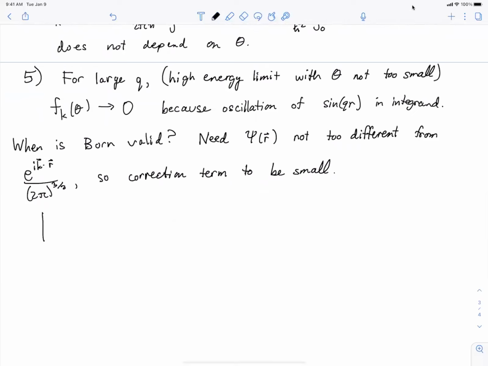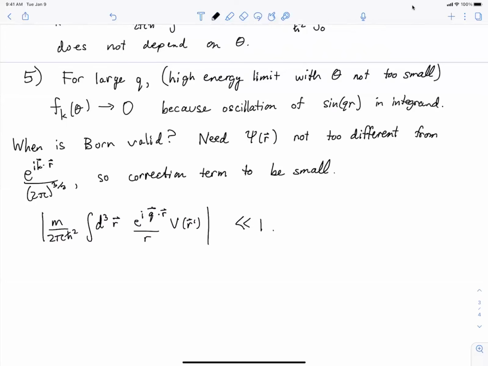It means if I take the correction term in magnitude, so I'm forgetting about the minus sign, it looks something like this. I'm just going to write e to the i q dot r over r times V of r prime. That should be much, much less than 1.